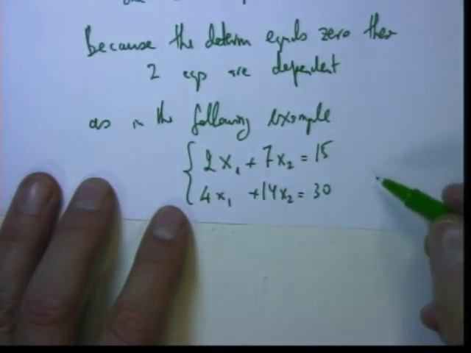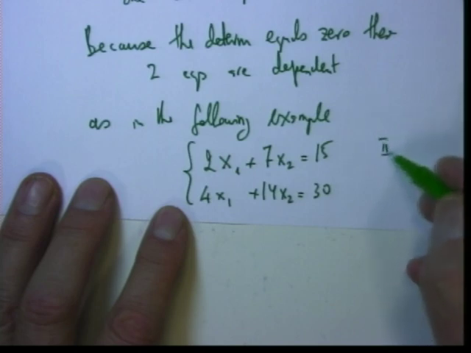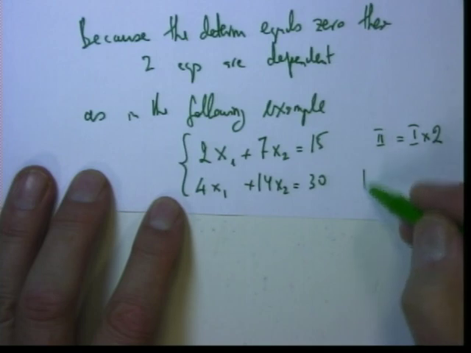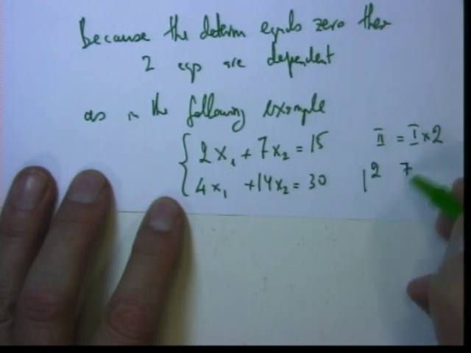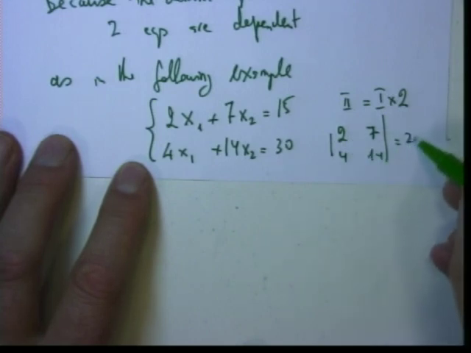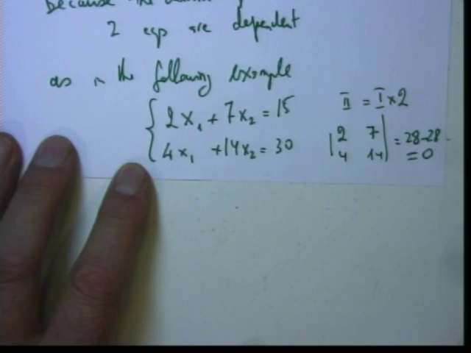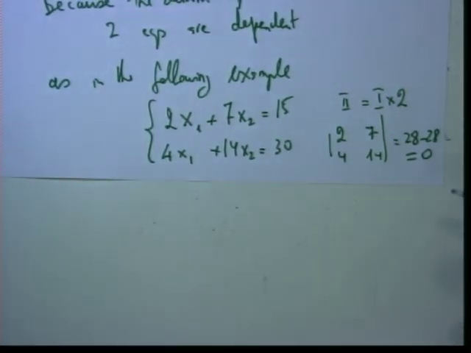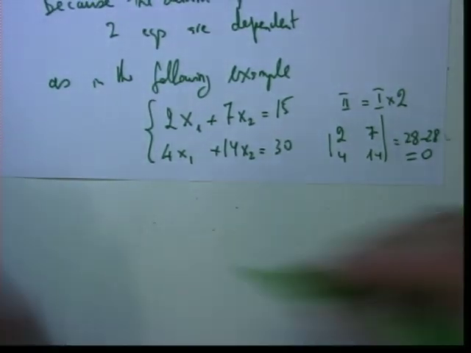So these equations are dependent because the second equation equals the first equation times 2. And indeed, just check the determinant: 2, 7, 4, 14. That equals 2 times 14 is 28, minus 4 times 7 is 28, and this guy is 0. Just brought a simple example for illustration.